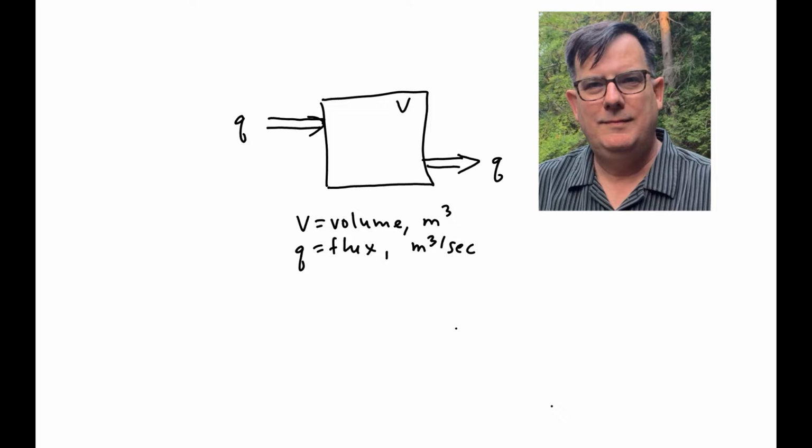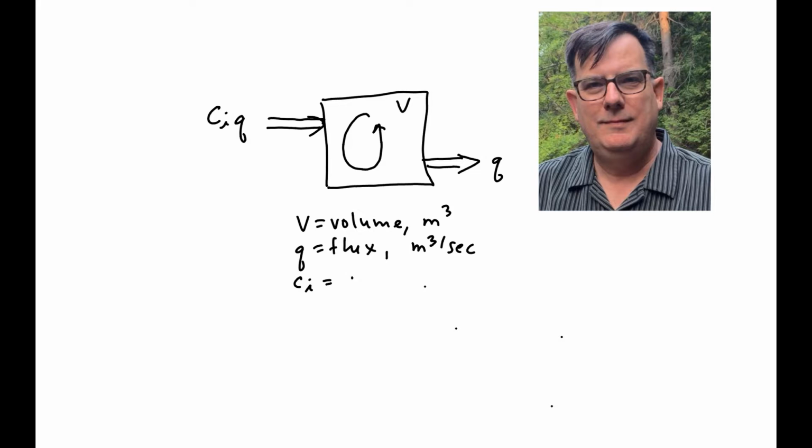Another assumption we're going to make about this lake is that its contents are completely and instantaneously mixed, meaning the concentration of substances at any one moment anywhere in the lake is identical. We're going to pay attention to two concentrations in this model. We have the concentration of substances in the inflow. This is essentially our loading, which is what we're interested in here today.